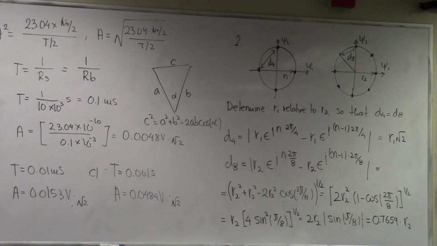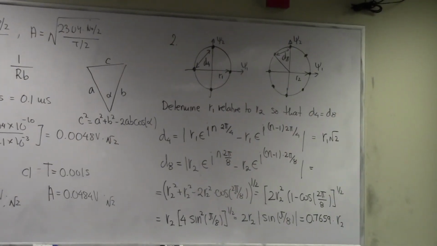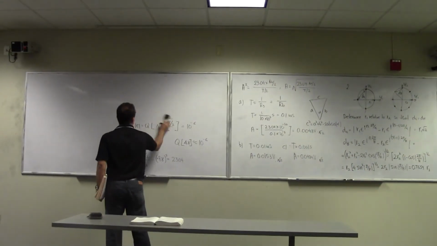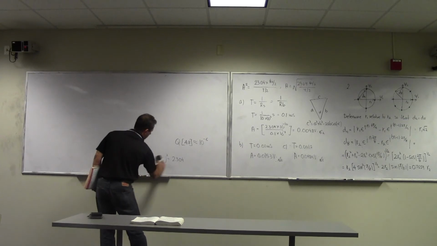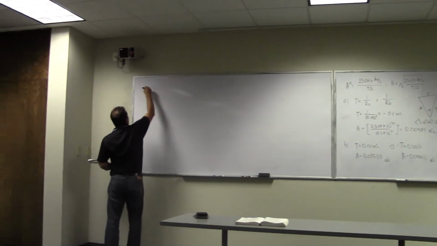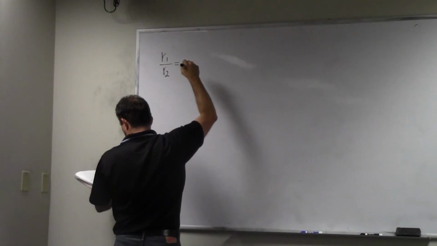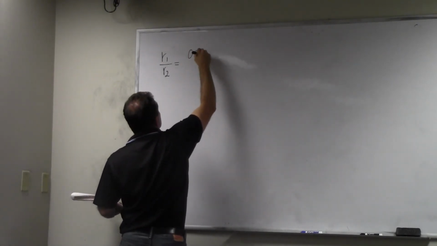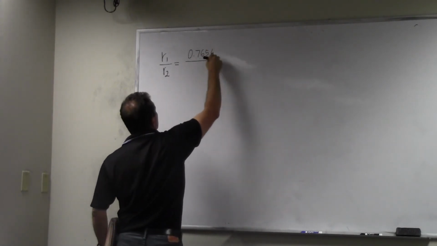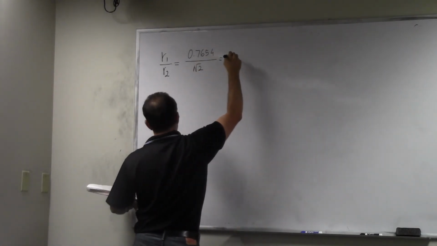So now if I take the ratio R1 over R2, R1 over R2 is equal to 0.7654 over square root of 2, which is 0.5412.